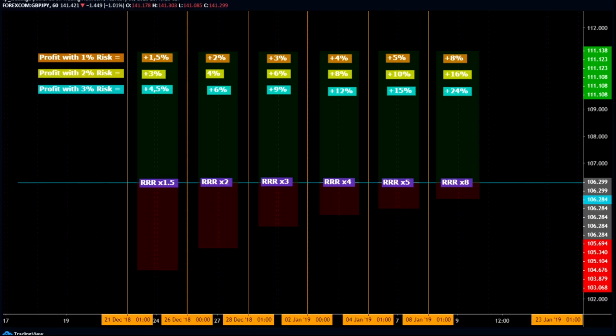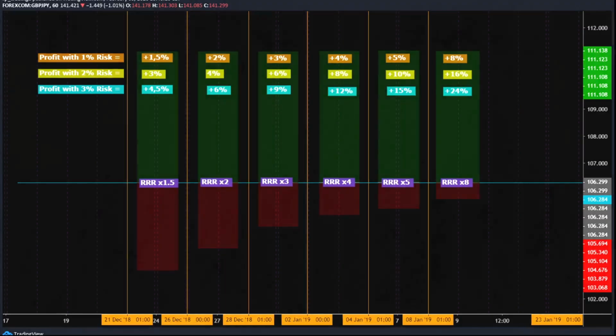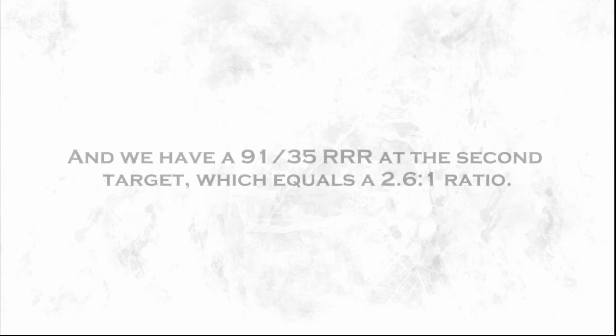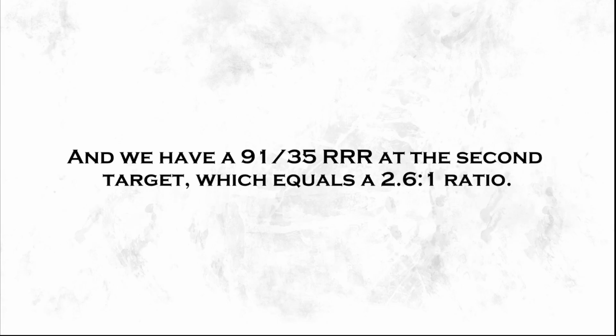The second ingredient is the risk-reward ratio, the magic potion. With our 55% FIB entry, we would have a 55 to 35 risk-reward ratio at the first target, which equals 1.57 to 1. And we have a 91 to 35 risk-reward ratio at the second target, which equals a 2.6 to 1 ratio.